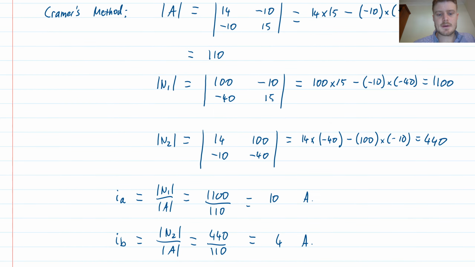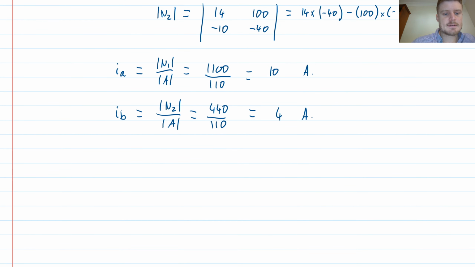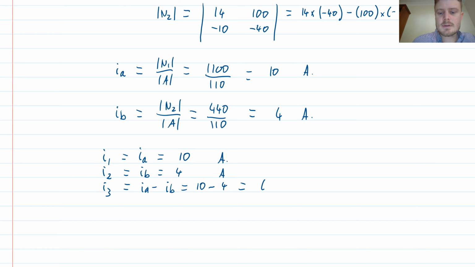So we had that I1 is equal to IA, which is 10 amps. I2 is equal to IB, which is 4 amps. And finally I3 was IA minus IB, so that is 10 minus 4, which is 6 amps.